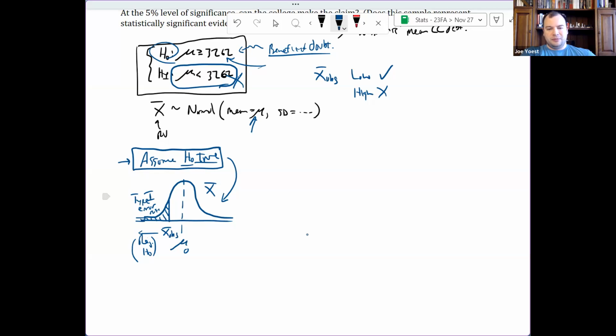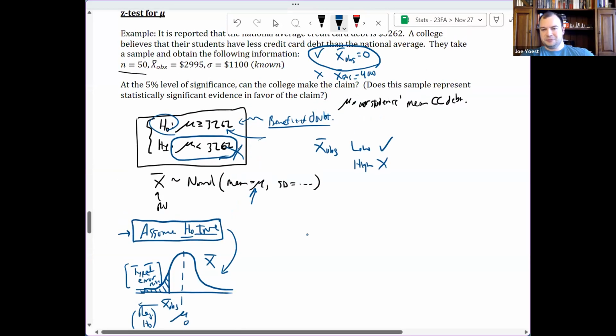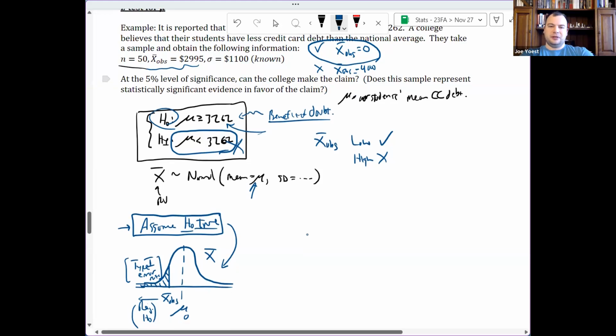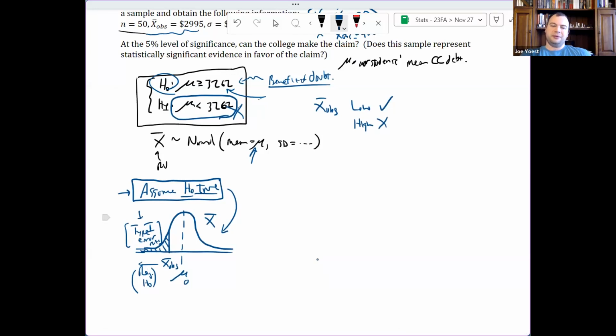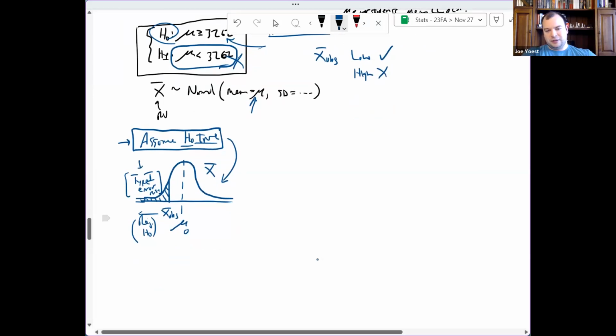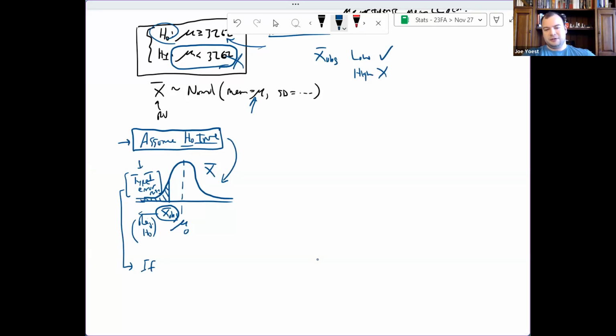So if I were to reject for this particular X bar observed in this particular sample, that would suggest a certain type 1 error rate, and that's what I want to bound. So here I would compute my type 1 error rate for a specific X bar observed, and I'd check whether this error rate is less than some maximal allowable error rate.